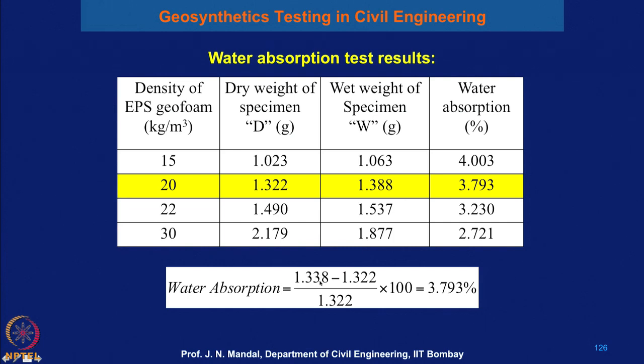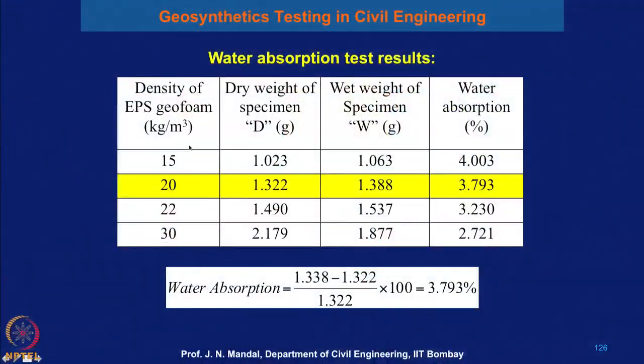As I showed you in the equation earlier, this is the weight 1.388 minus the dry weight 1.338, divided by the dry weight, into 100, which gives you 3.793%. So, this is the water absorption capacity of the geofoam material whose density is 20.